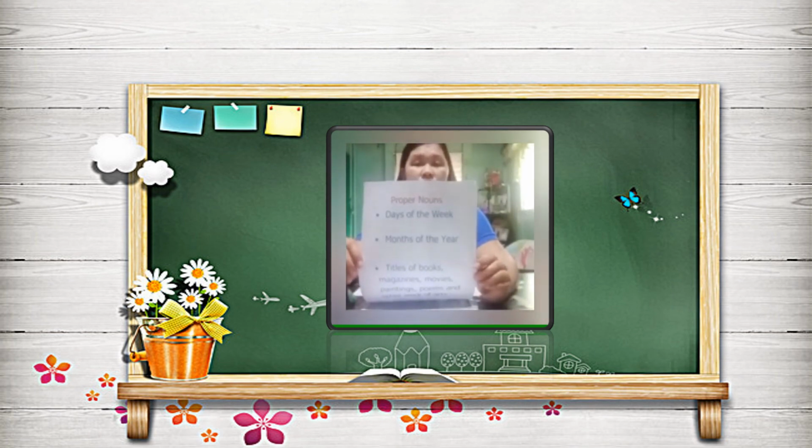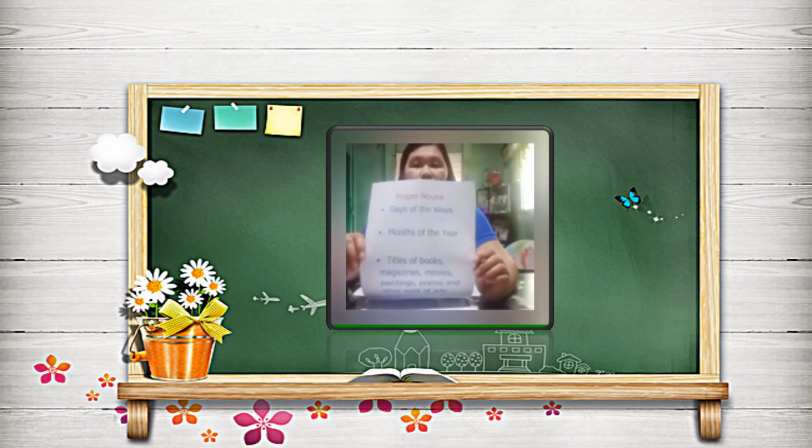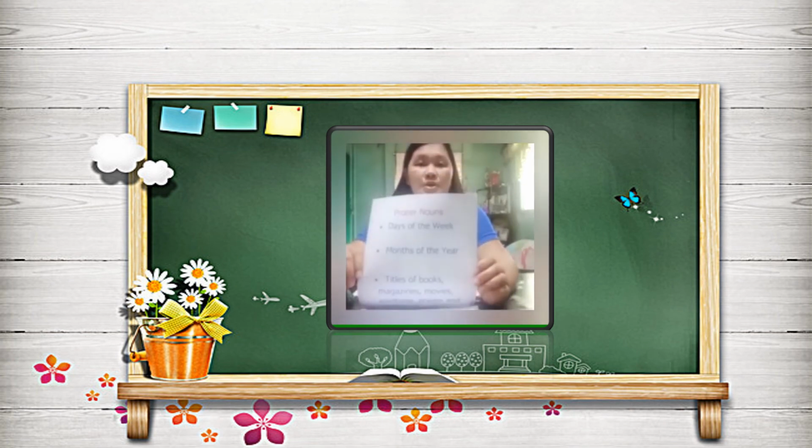If you still have your books there at home, look at the titles. Another, titles of magazines, movies, and so on. So don't forget that these are also examples of proper nouns.